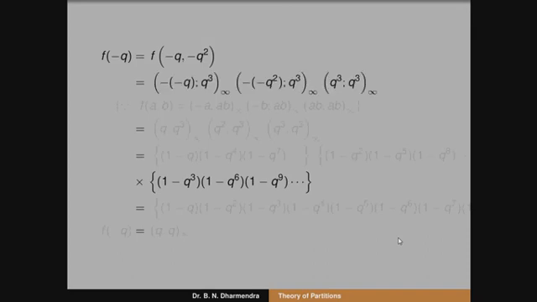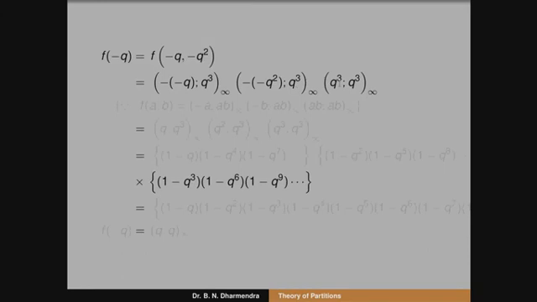Here I have to replace the value of a by minus q and b by minus q square. So the terms is minus of minus q a b, here minus q square, that becomes plus q cube. The term is minus of minus q cube infinity. Then the next term is minus b, that is minus of minus q square into ab, that is q cube infinity.